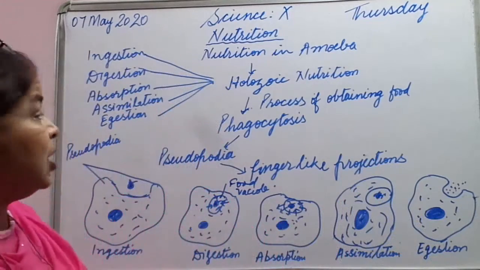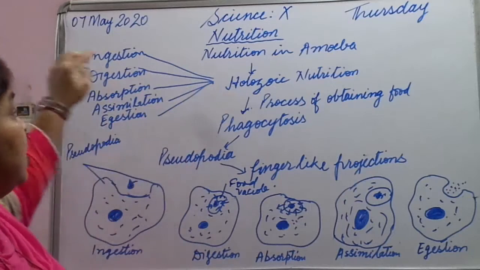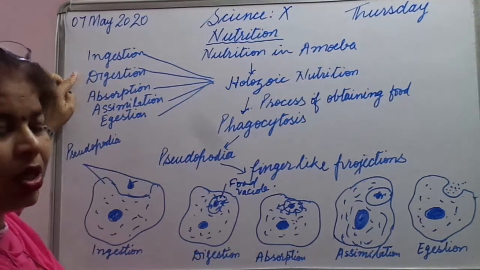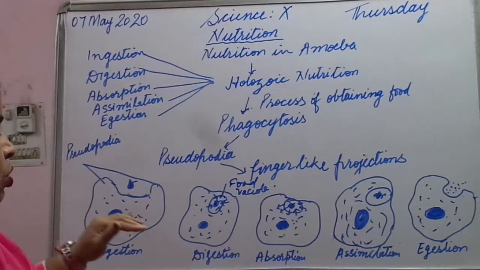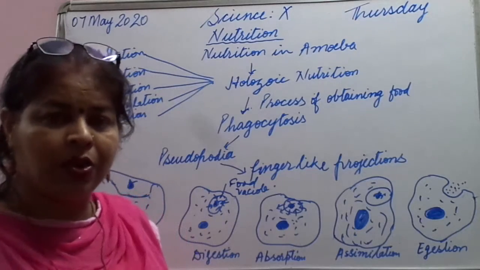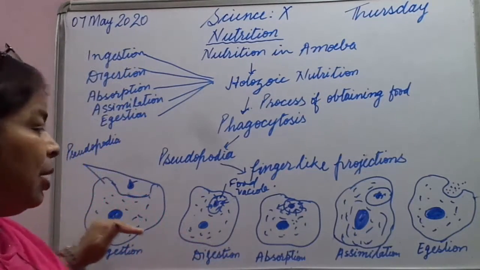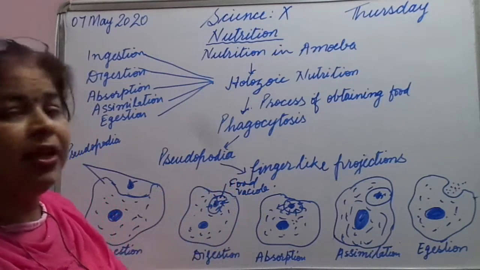So how many steps are there in holozoic nutrition? There are 5 steps: ingestion, digestion, absorption, assimilation and egestion. It is an important question. In 2 marks or 3 marks, it can be asked anyhow. So you have to label the diagrams properly and then explain it also.